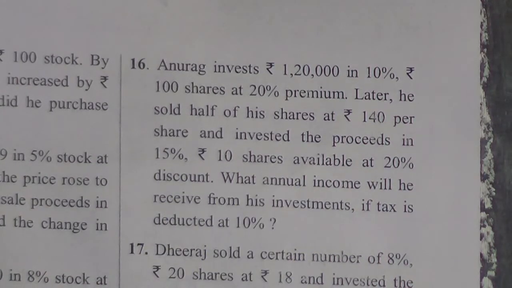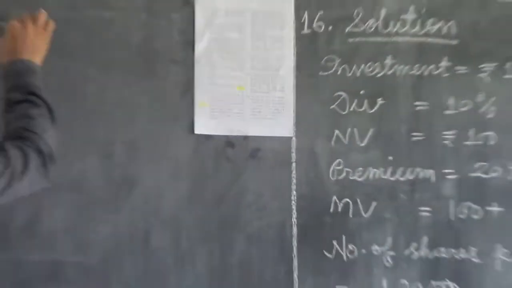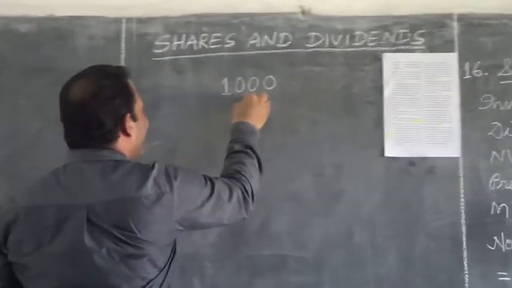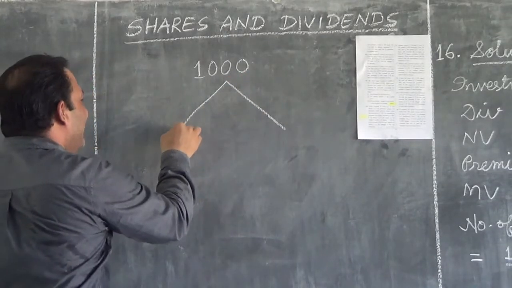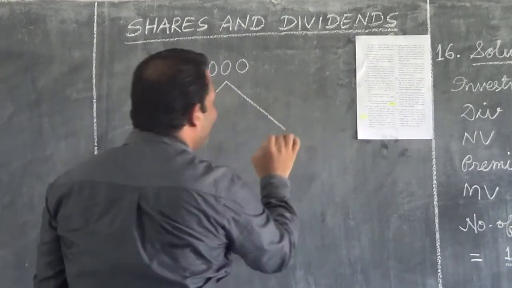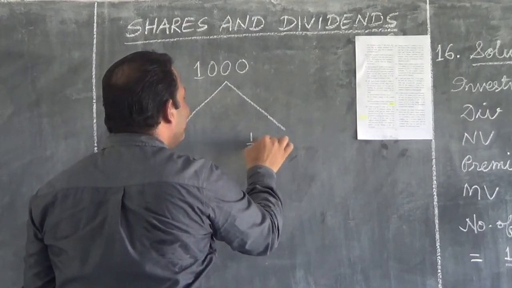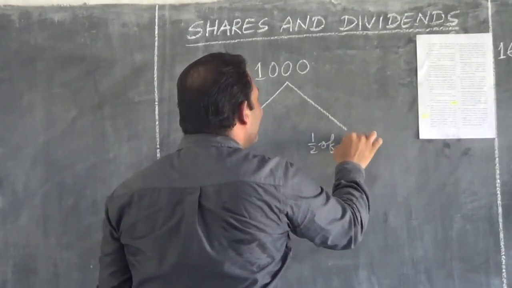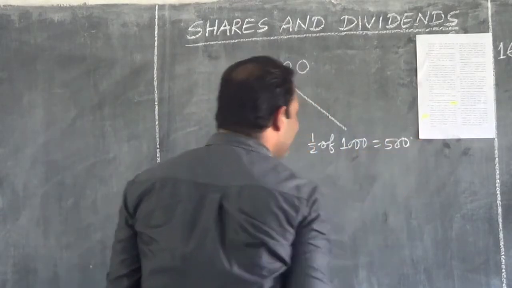So total number of shares, 1,000 shares he had, and he sold half of the shares. Half of 1,000 is 500 shares.